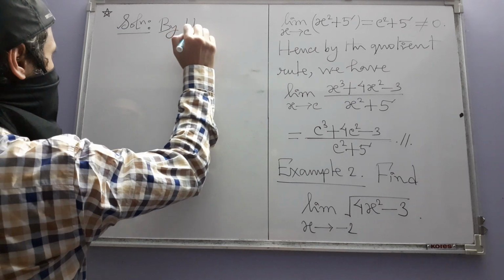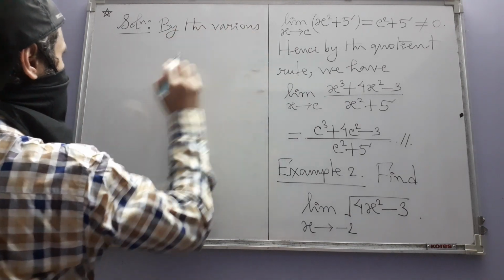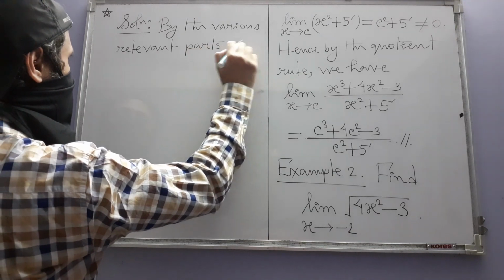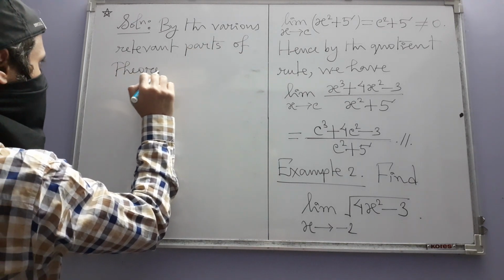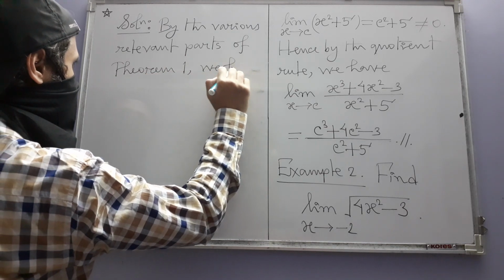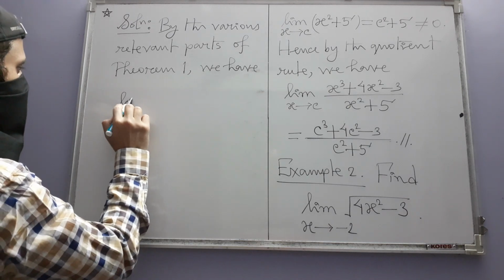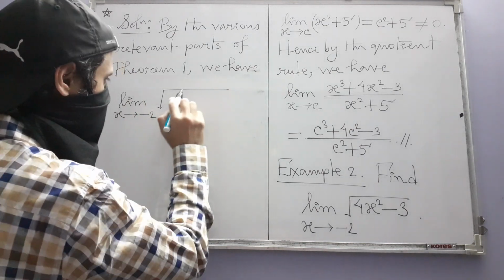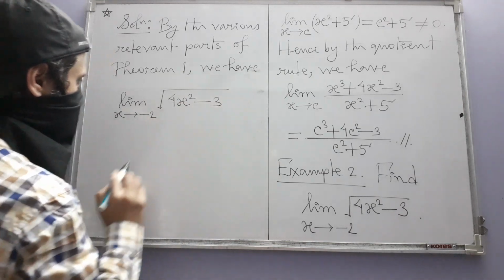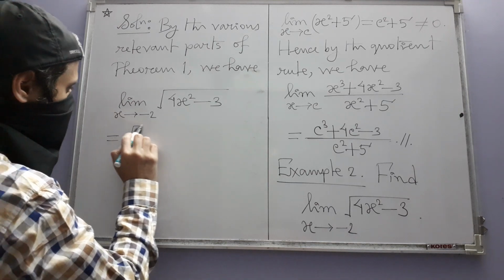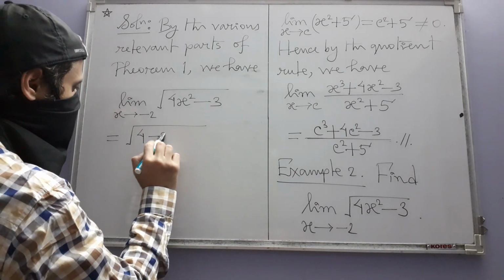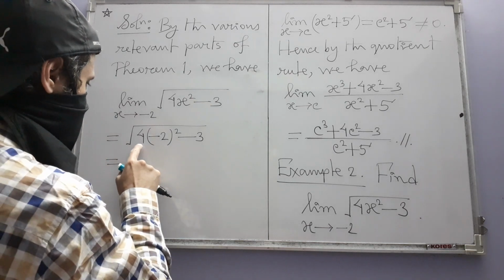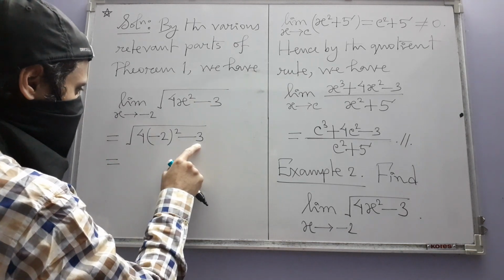By the various relevant parts of theorem 1, we have, so what will it be? 4 times 4, 16. 16 minus 3 is 13.